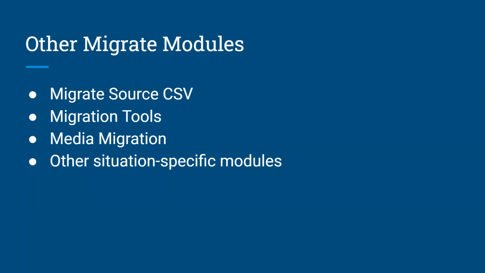There are other situation-specific modules, say one that migrates information from WordPress to Drupal, and many more. So if you have a specific use case, feel free to search for it and see if something for it pops up. That way you don't have to try and develop your own modules.